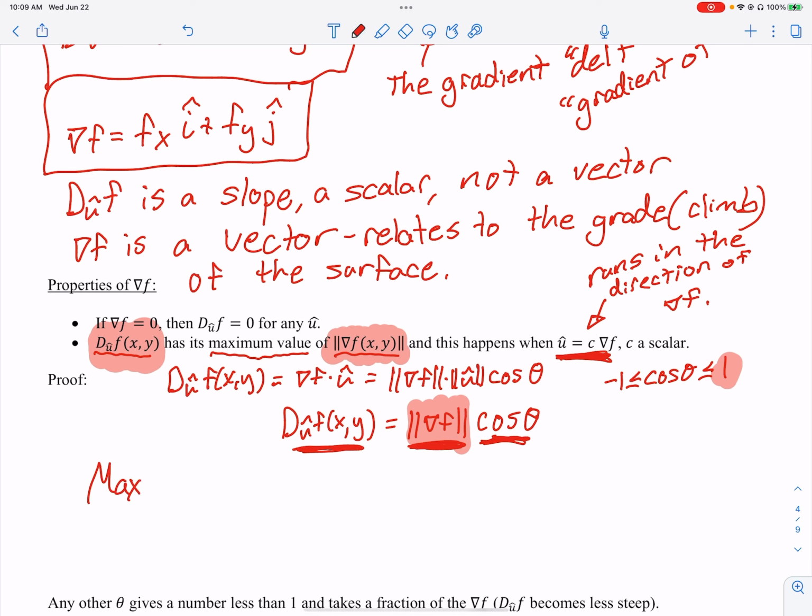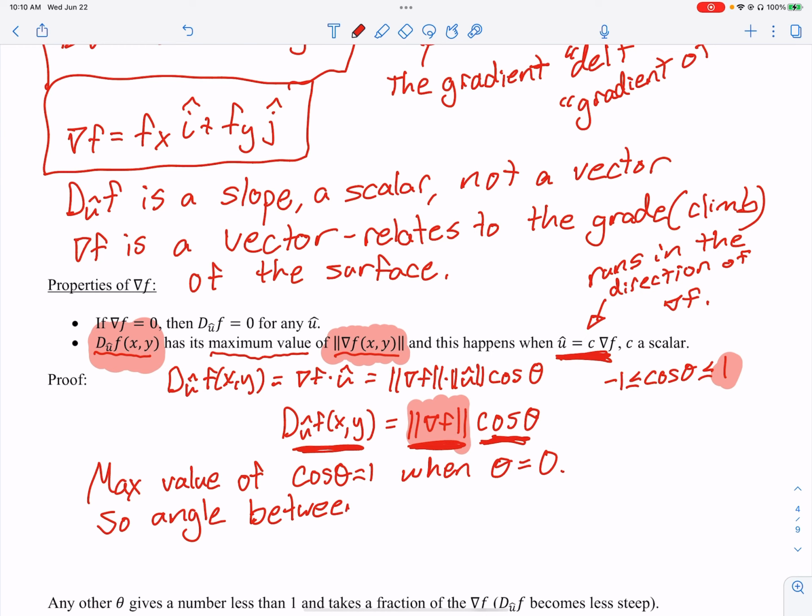Max value of cosine theta equals 1. So we get a max value when theta equals 0. So the angle between del f and u is 0.